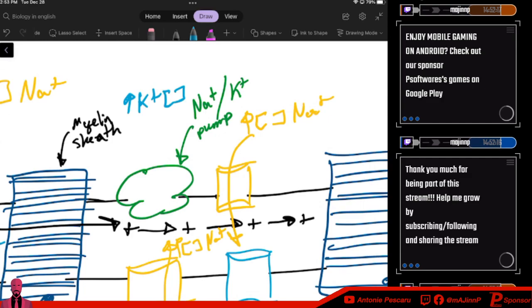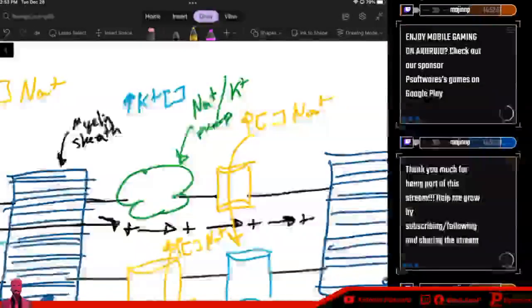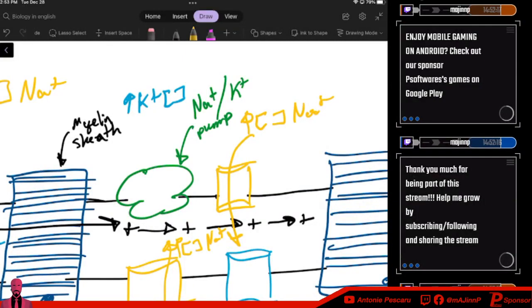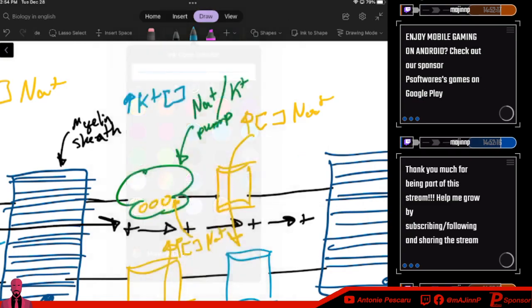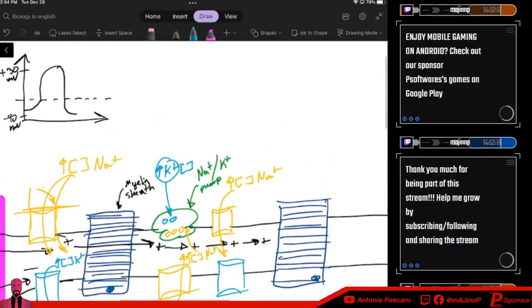You can't just have that inside of your cell. So this pump is going to pump out three sodiums in order to take in two potassiums, bringing back that balance.